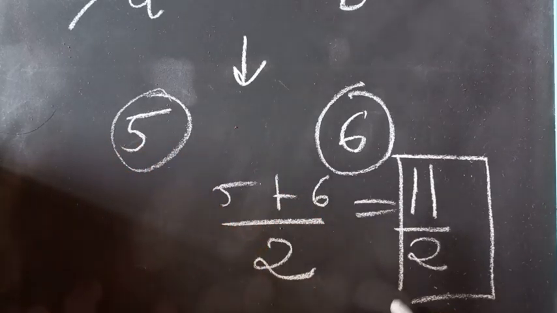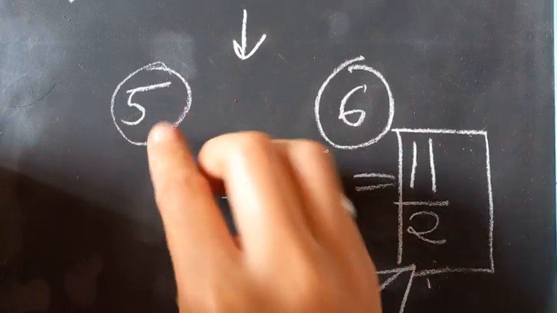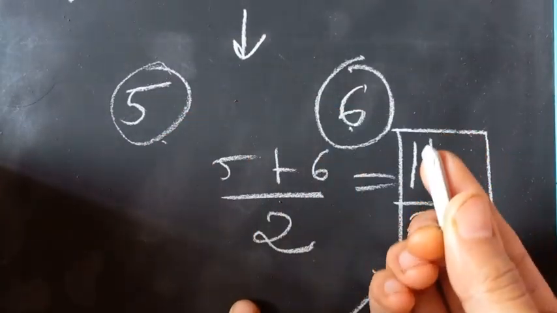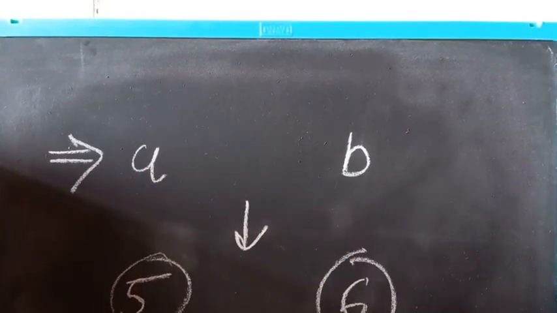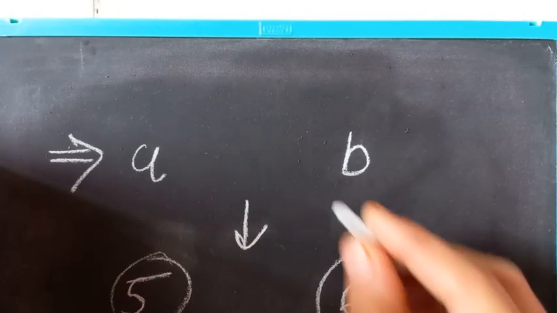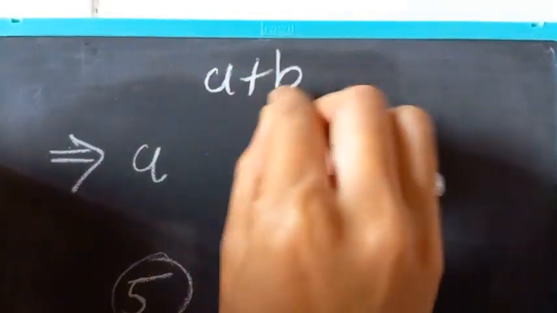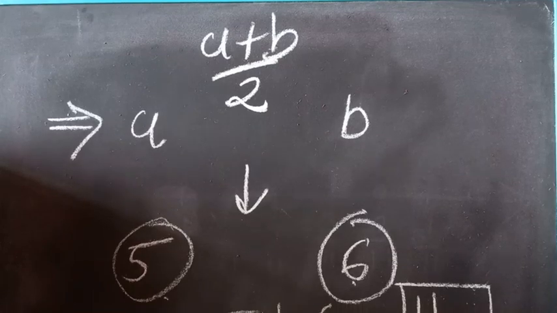Okay, so this is also a rational number. This is called a rational number between 5 and 6. So if you have rational numbers a and b, then one rational number between a and b is (a + b)/2.